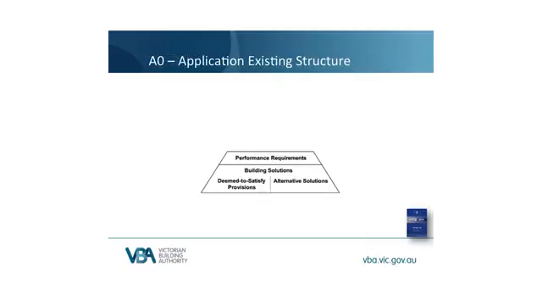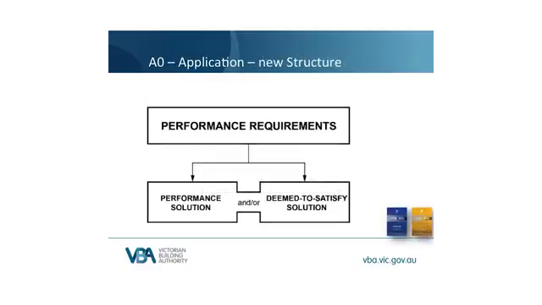Once you have taken all the extra information away, you're left with how the NCC actually works. The ABCB wants to be simple and clear on how to use the NCC, so they've taken away everything that confuses the matter and replaced the old diagram with this one.